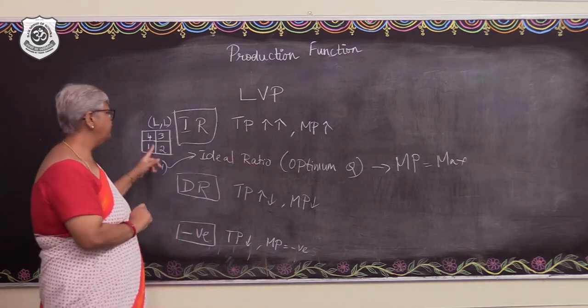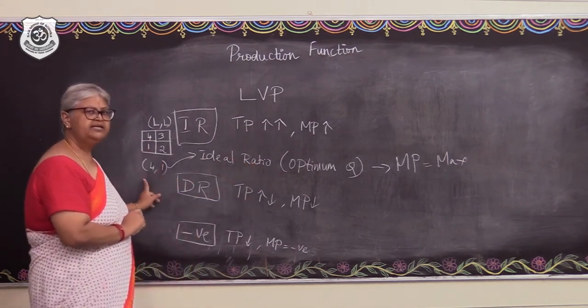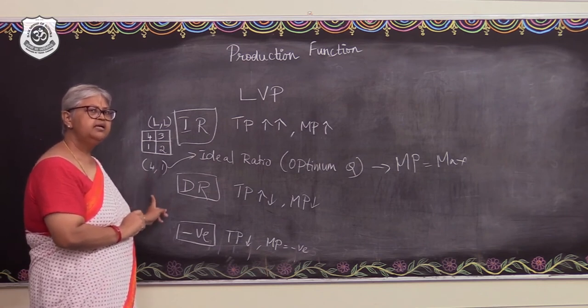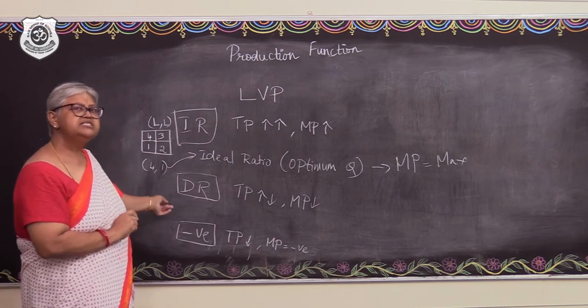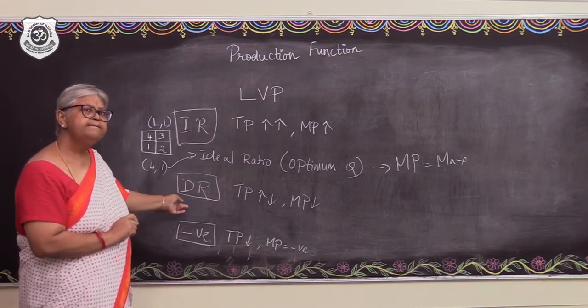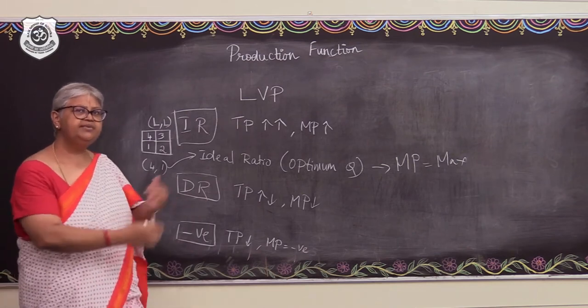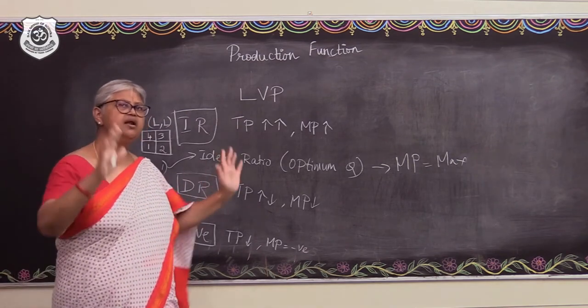One factor input was fixed. The other factor input, namely labor, was increased. So increased labor was substituted in the place of the other factor which did not increase.